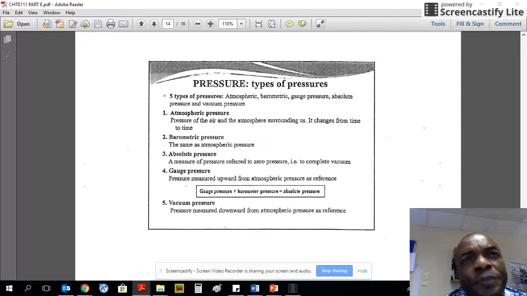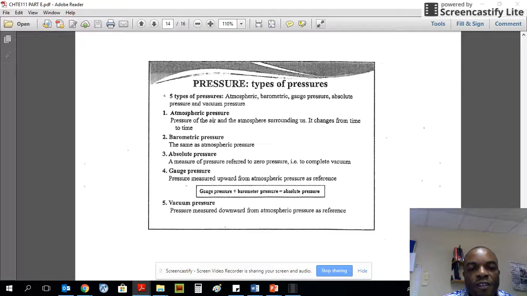But the truth of the matter is that it changes, depending on atmospheric conditions. We are most of the time having values here in Durban between 95 kPa and maybe 110 kPa.